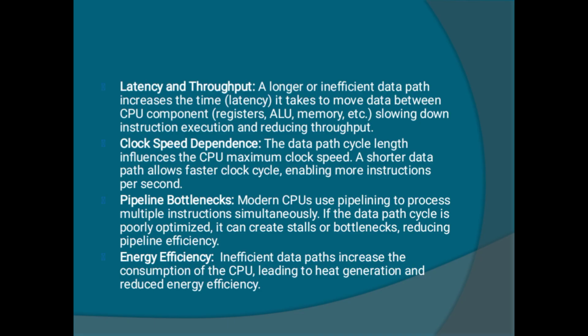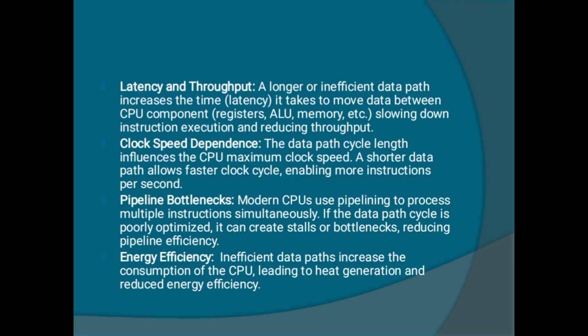Clock speed dependency. The data path cycle length influences the CPU's maximum clock speed. A shorter data path allows a faster clock cycle, enabling more instructions per second. Pipeline bottlenecks. Modern CPUs use pipelines to process multiple instructions simultaneously.